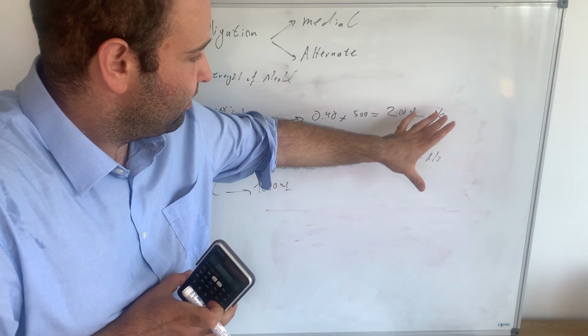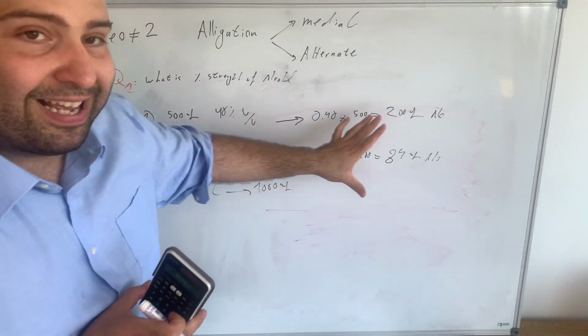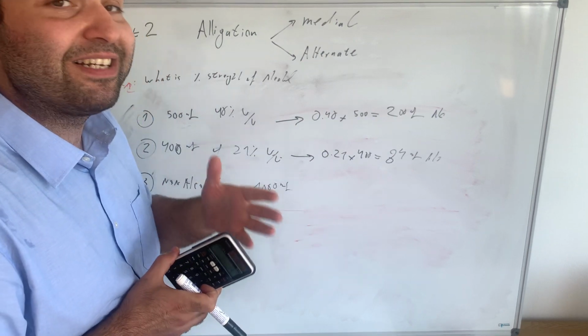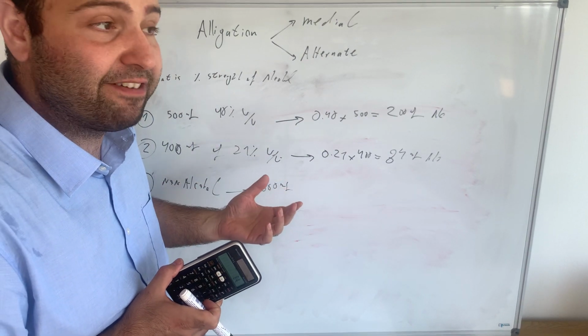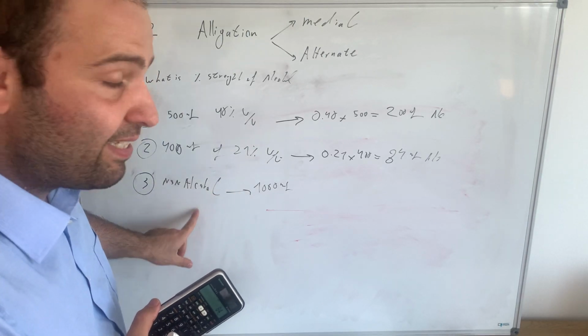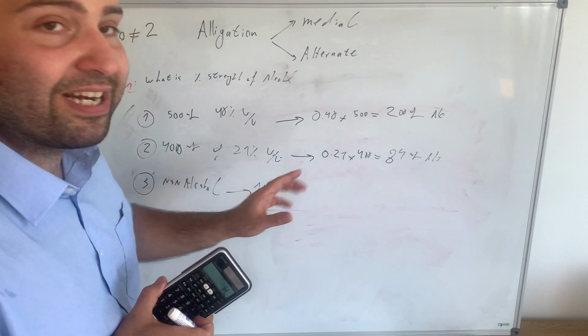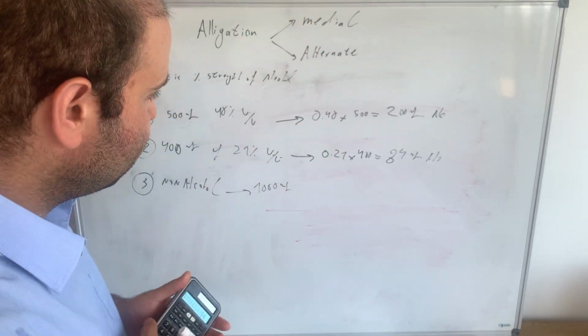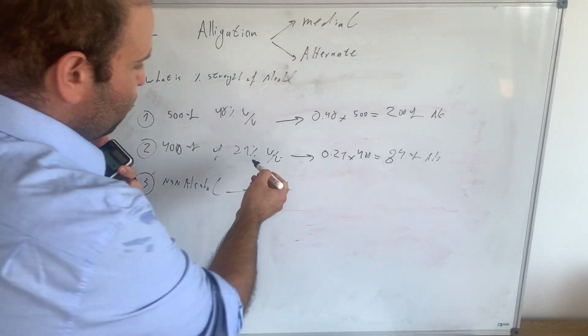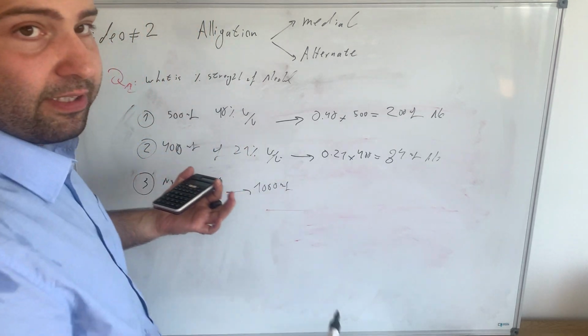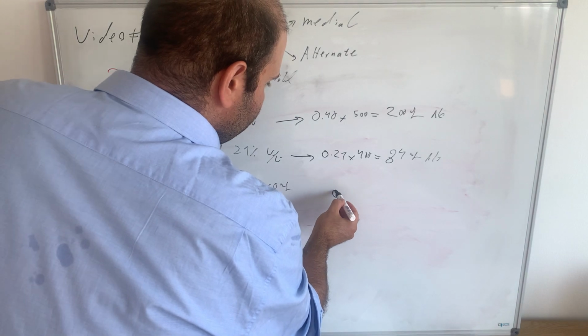If we have this type of question, if we add a non-alcoholic solution like water, something non-alcoholic as a diluent or as a vehicle, the percentage strength of our non-alcoholic solution is 0. Means here is 21%, here is 40%, this has no alcohol inside, so the percentage would be 0.